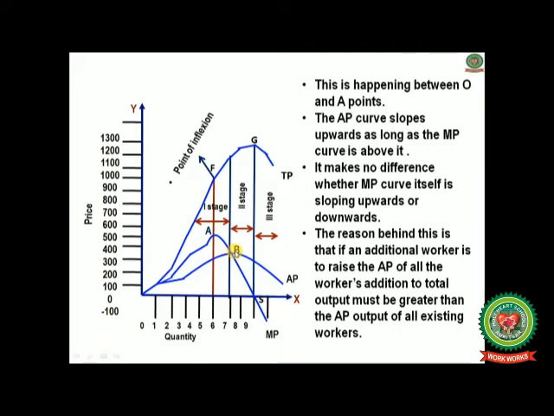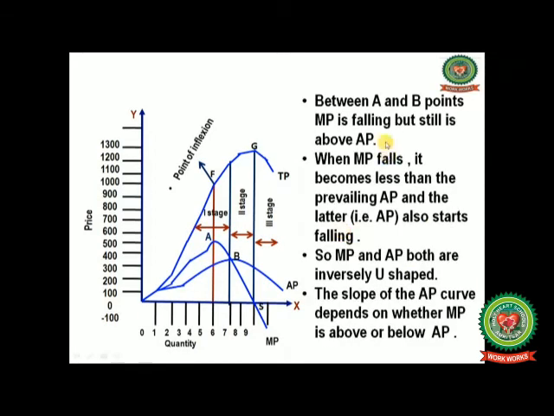As long as the MP curve is above it, in the first stage, at each and every point you can see that MP is above the AP curve. Now it makes no difference whether the MP curve itself is sloping upward or downward. The reason is that if an additional worker is to raise the per unit production of all the workers, the addition to total output must be greater than the AP, the output of all existing workers.